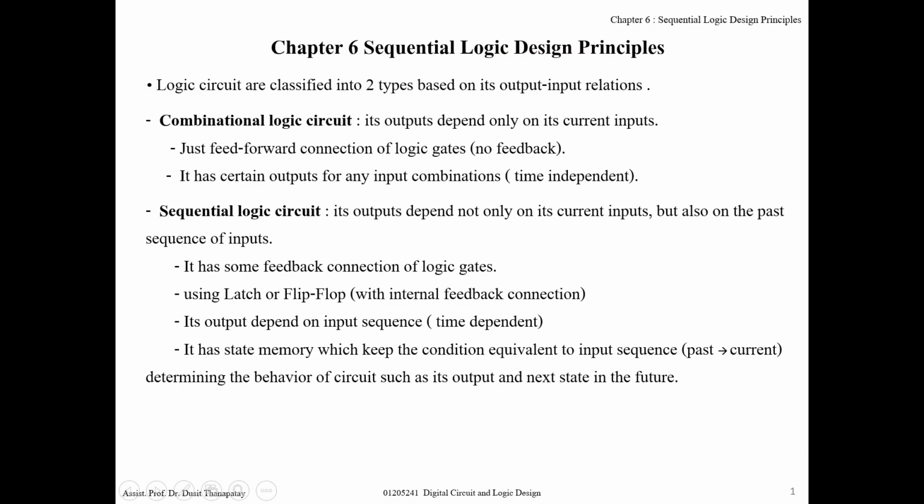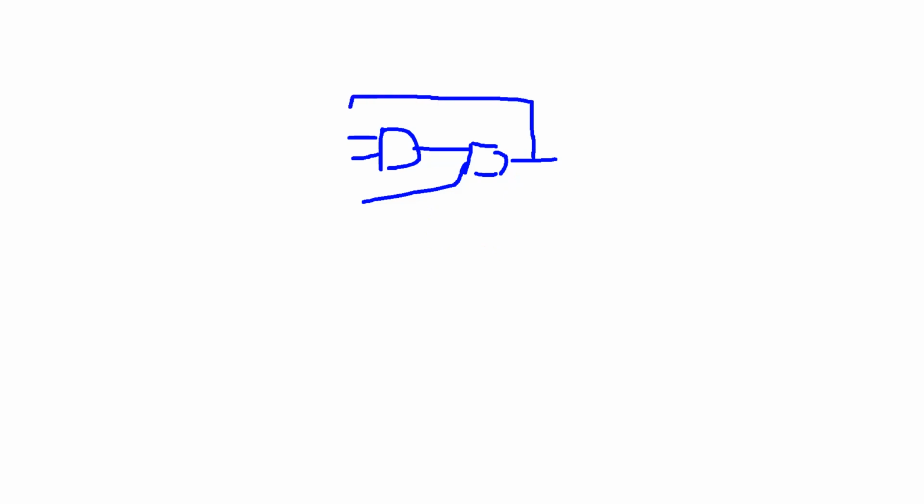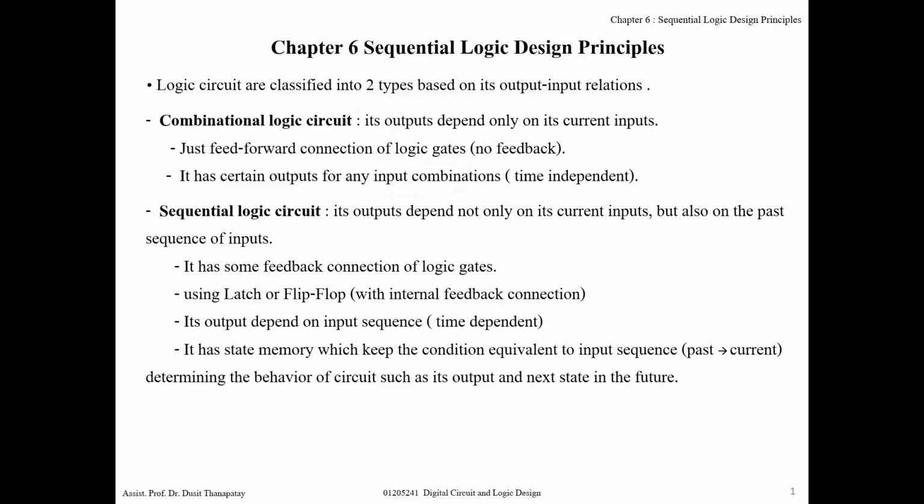Feedback means, for example, an output connects to something else. This is feed forward only. But if you have some feedback, this output will be the input of a previous logic gate.